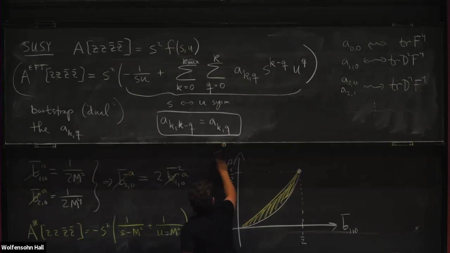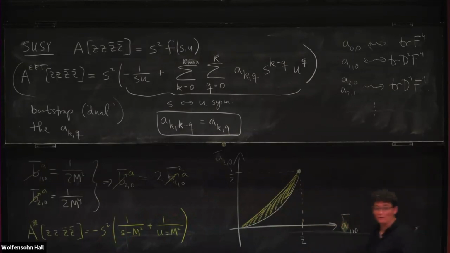And I will get the same amount of allowed space as in the other example. The fact that I have an S squared out in front doesn't matter for the low energy expansion. It's just that I translate the coefficients. So this is all the allowed range of my scalar theories when I linear combine such things in this way.